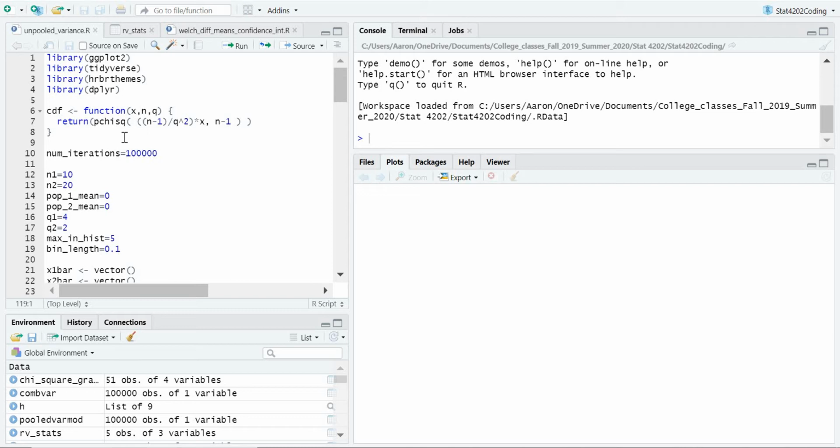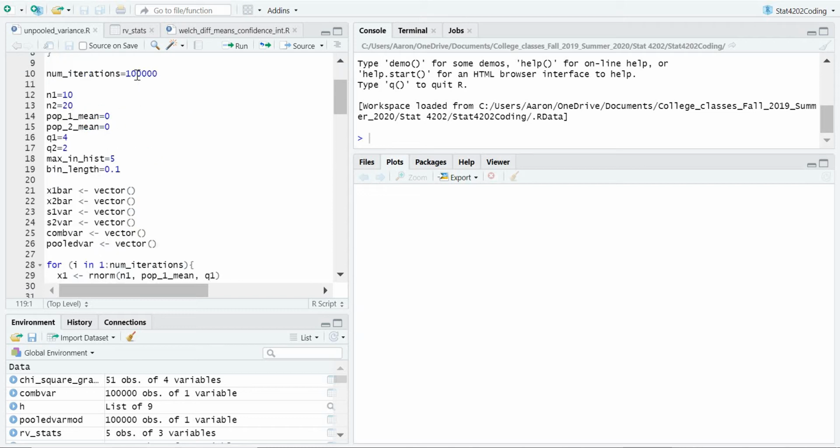What I'm going to do is set up 100,000 iterations of this experiment, and set the sample size for sample 1 from population 1 to be 10, and also for population 2 we'll take a random sample of size 10. These are the standard deviations for each population. I'm going to set them both to 2 right now.